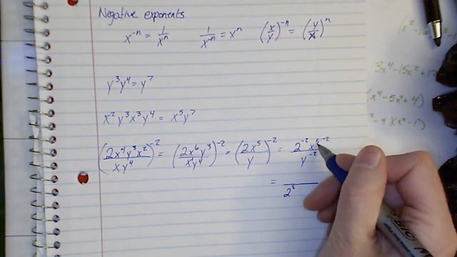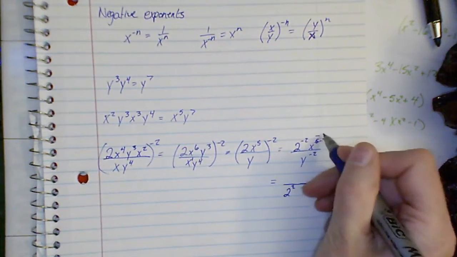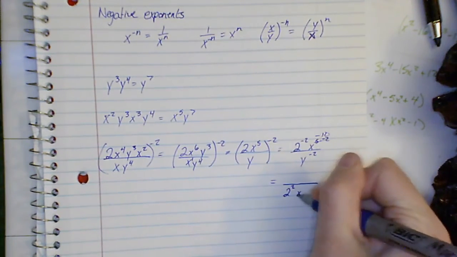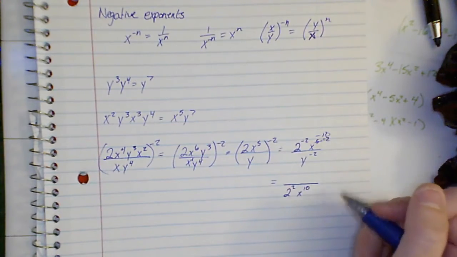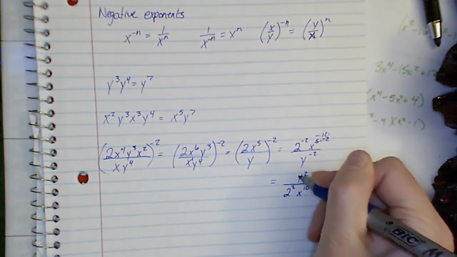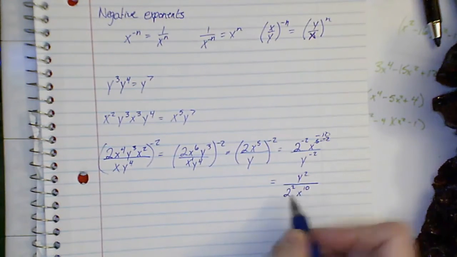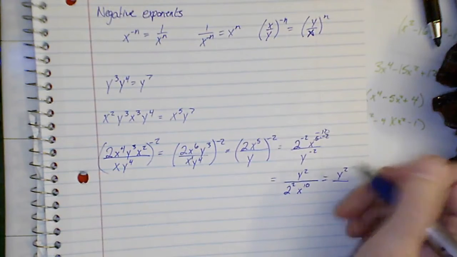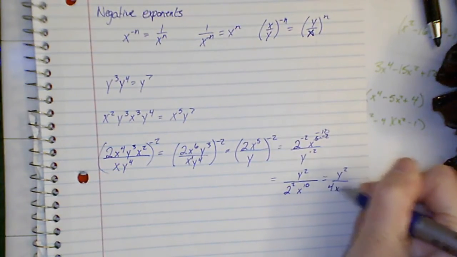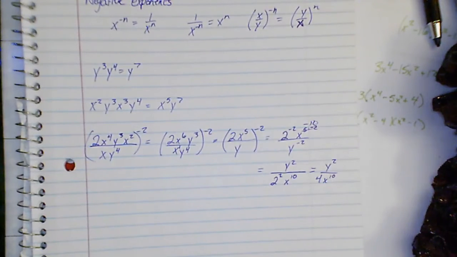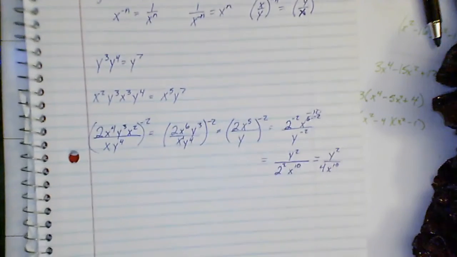X to the 5 times negative 2, that's negative 10. So we'll have x to the negative 10. That can go downstairs to make it positive. And then y to the negative second, we can move it upstairs to make it positive. We still need to evaluate 2 squared, which is 4. Okay, so make sure you see yourself through.